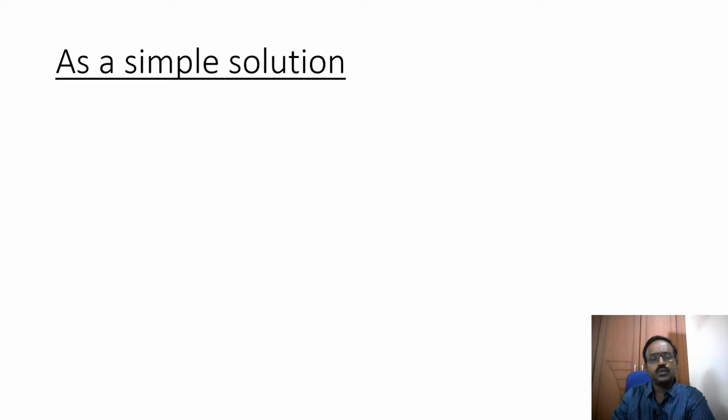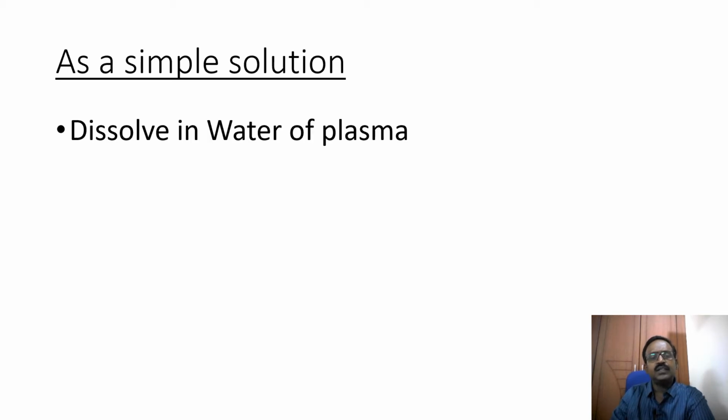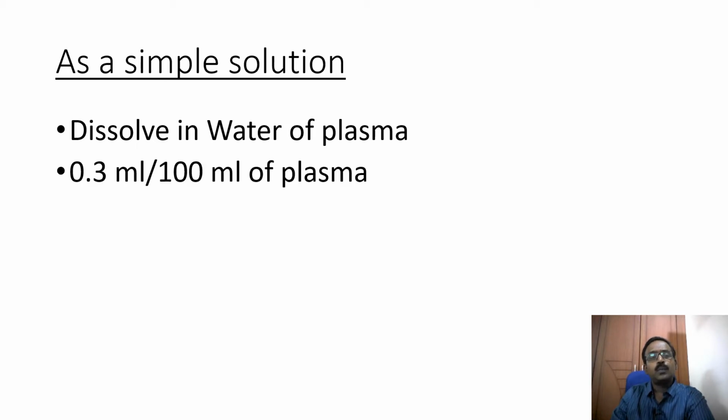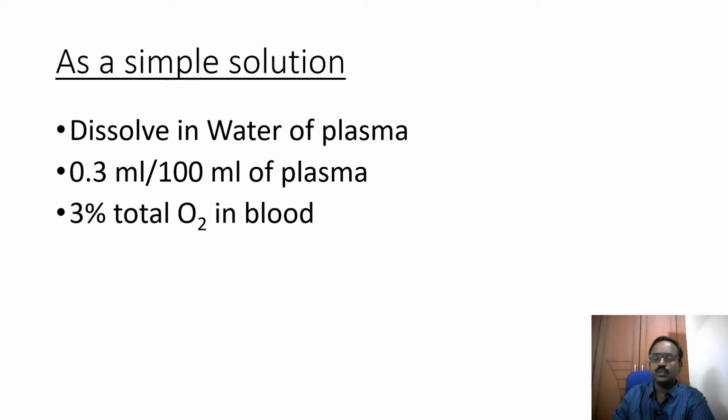As a simple solution, 0.3 ml of oxygen per 100 ml of plasma is dissolved in the water of plasma. So totally 15 ml is transported as dissolved oxygen. This is 3% of the total oxygen transported in the blood.